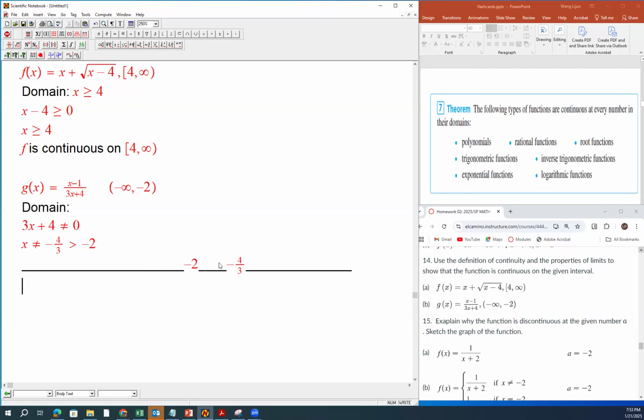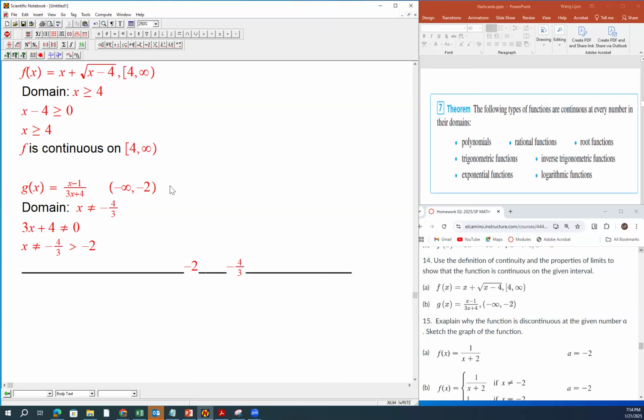Therefore, this is what you're going to say. Okay, so here's the domain. You would say the interval is in the domain of G. It's part of the domain.